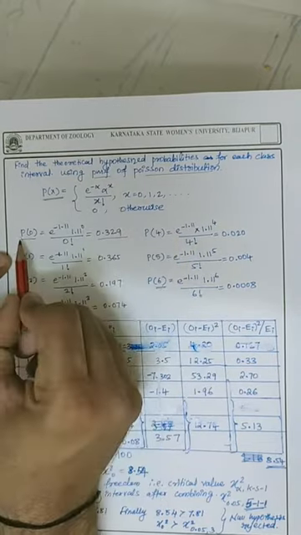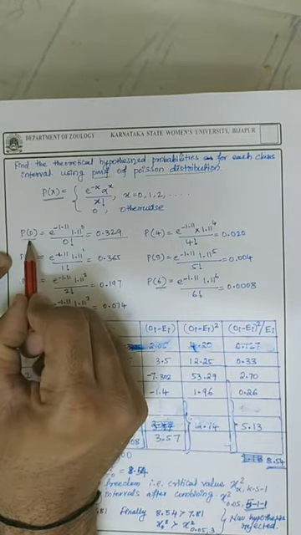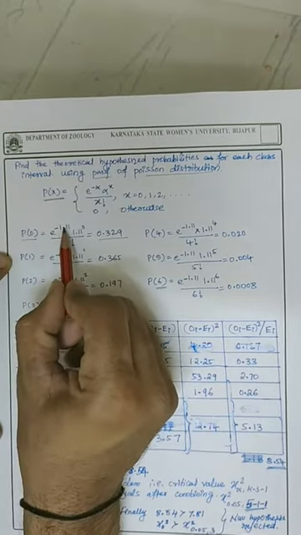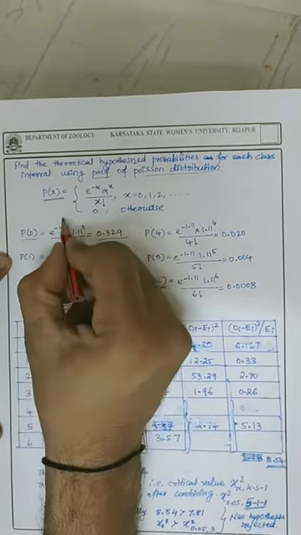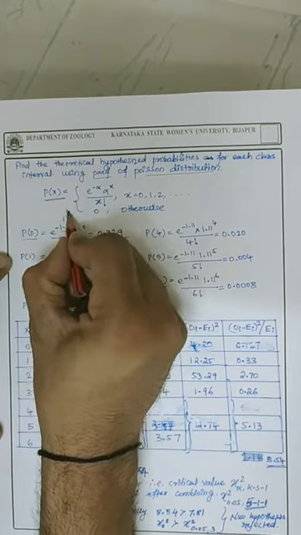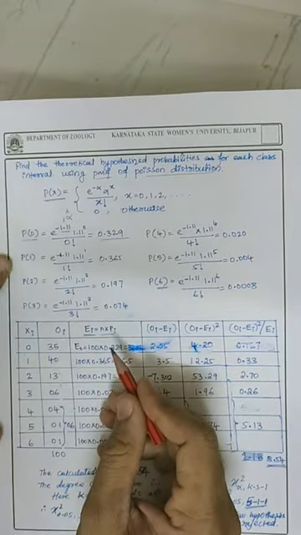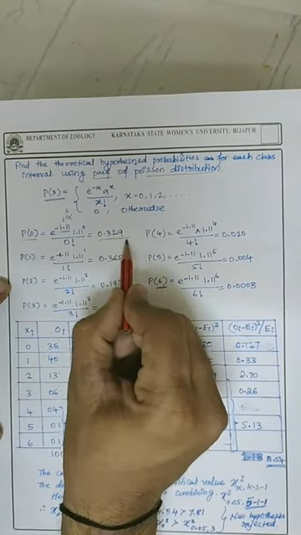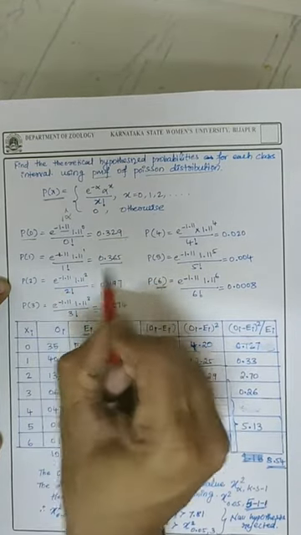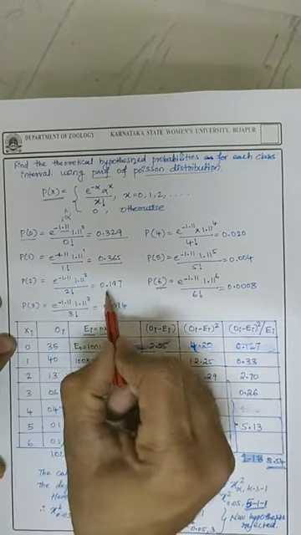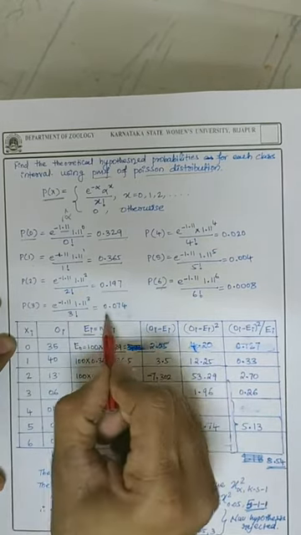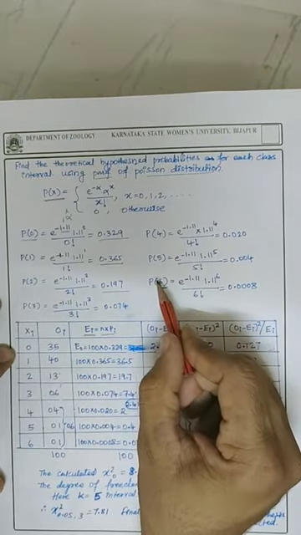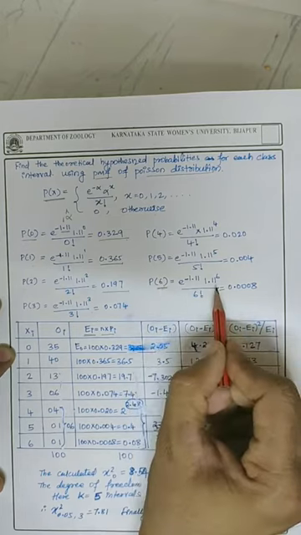We calculate the probabilities of each class interval, that is P of 0 equal to e raised to minus 1.11, where 1.11 is the alpha cap value which is computed. The first value is 0.329, P of 1 is 0.365, P of 2 is 0.197, and so on. The hypothesized probabilities for all the intervals are calculated.